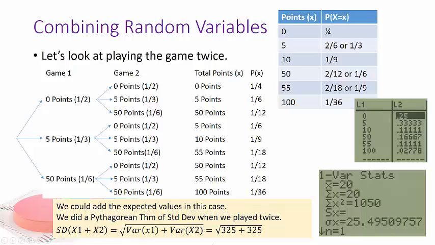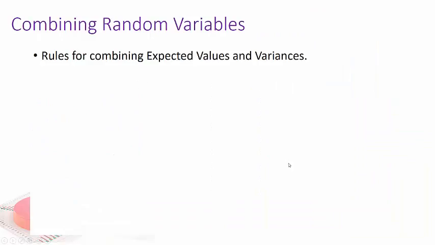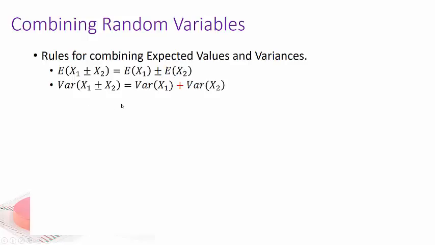And basically, what this is going to look like is a Pythagorean theorem of standard deviation. So the rules for combining expected values and variances are: when you have 2 occurrences, 2 different trials, or 2 different experiments, here's your experiment 1 plus or minus your experiment 2. Expected values should behave well. You should just be able to add or subtract those. Variances should behave well, but we're always adding variances, by the way. We never subtract variances.